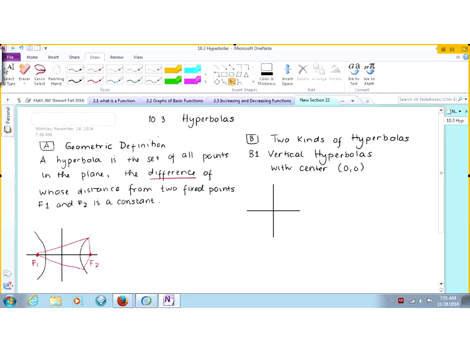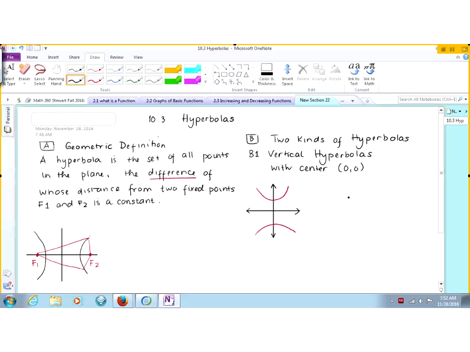It's going to look like this. The branches are vertical.